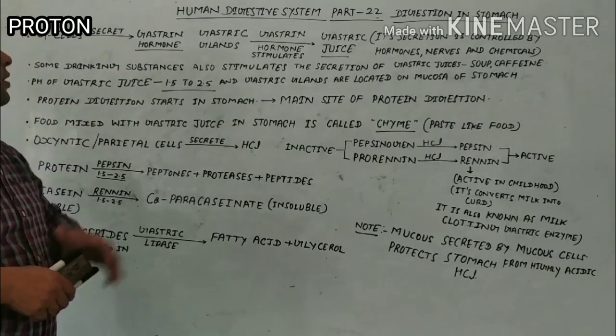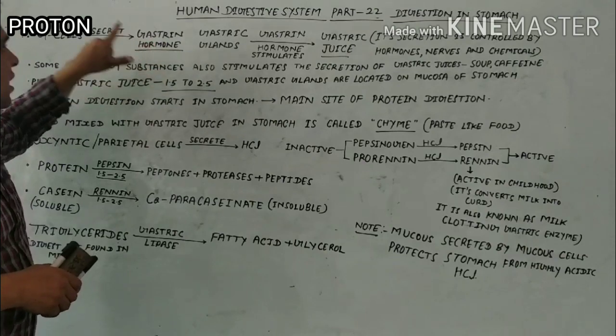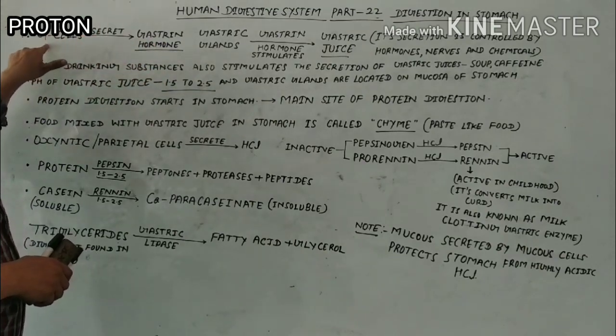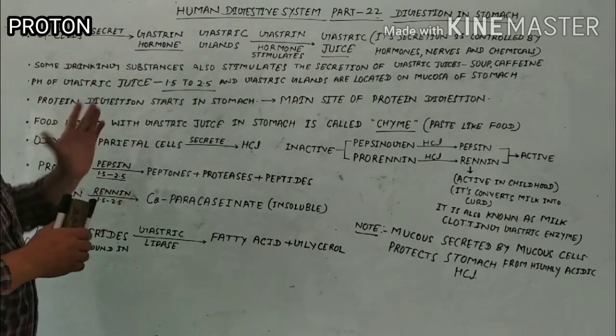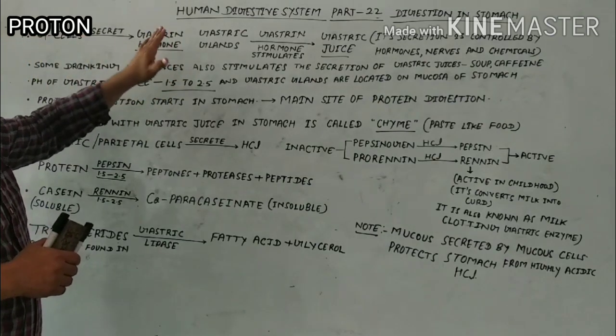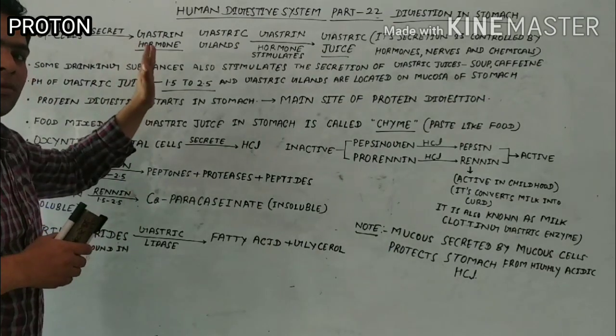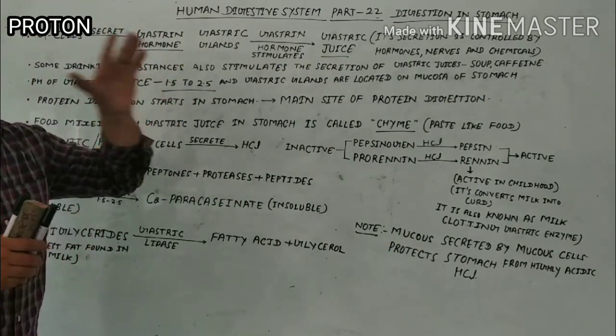The name of the hormone is gastrin hormone. You can see here, this is the hormone which is secreted by G cells. So students, in short we can say G cells secrete a special type of hormone which is known as gastrin hormone. And why is it called gastrin hormone? Because it is related to our gastric glands.